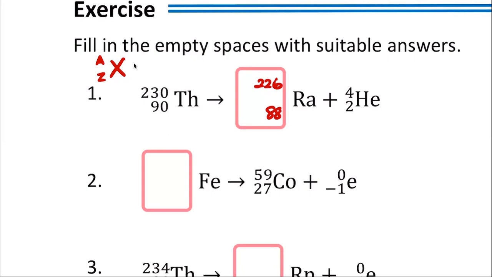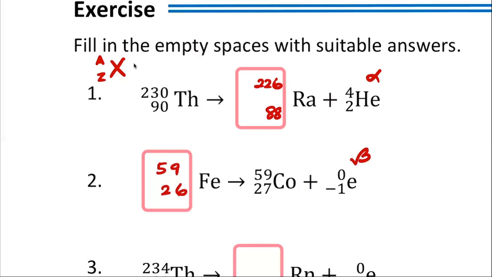Number 2, ferrum or iron decays to become cobalt and releasing a beta particle. This one is alpha, this one is alpha, this one is beta. 59 and 26. Okay, correct. 59 and this one is 26.